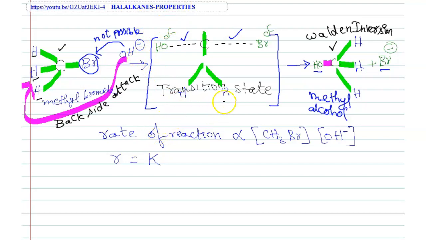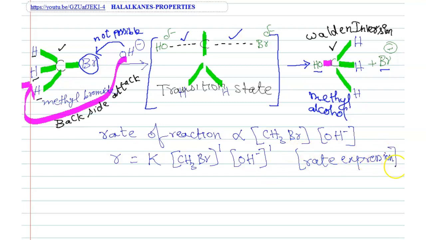Removing the proportionality, we write a rate constant K. So R equals K into concentration of CH3Br into concentration of OH minus. The brackets indicate concentration, and the powers are 1. This is known as the rate expression, the rate law for this reaction.